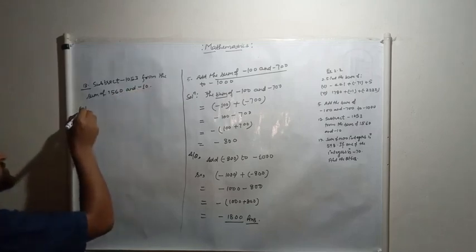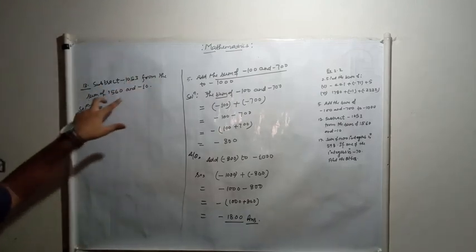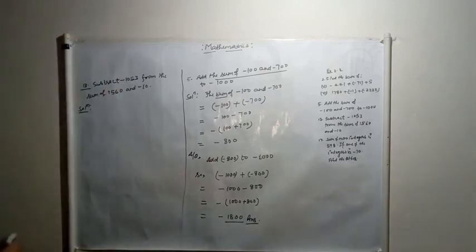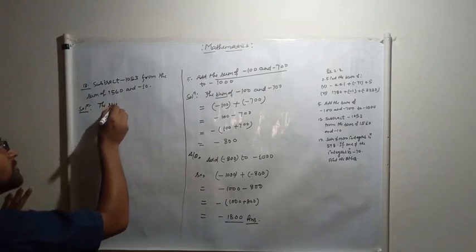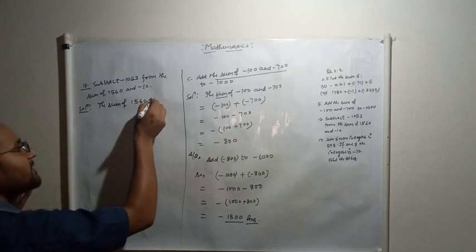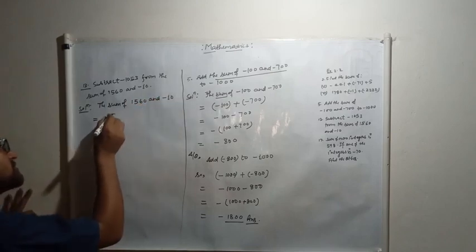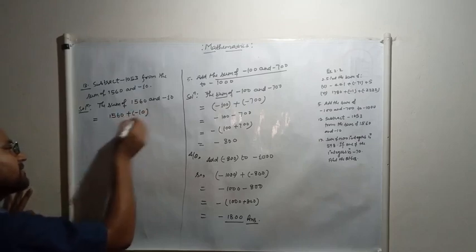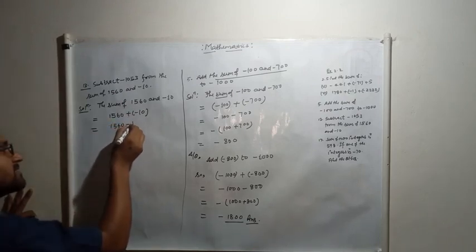So solution is, students, subtract this quantity from the sum of this one. So first our aim is to find the sum of these two. So according to your question, the sum of 1560 and minus 10. So here is, students, 1560 and plus in bracket minus 10. Solve this one: plus minus gives minus.